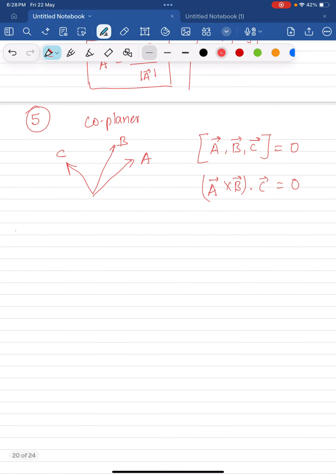Now we are going to see the next topic, graphical representation of a vector. We graphically represent a vector with the help of an arrow.